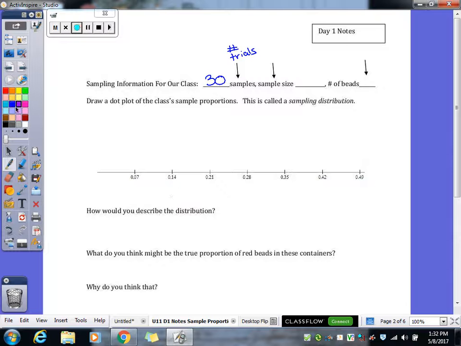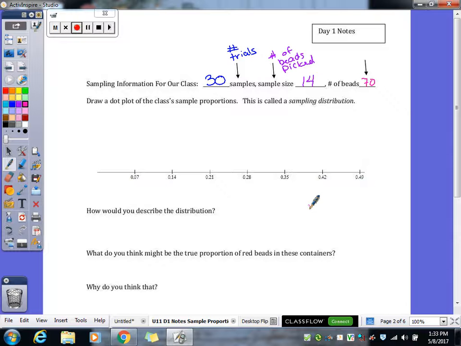Our sample size would be 14 here. So your sample size in this case would be the number of beads picked. And then our total number of beads within the containers was 70.